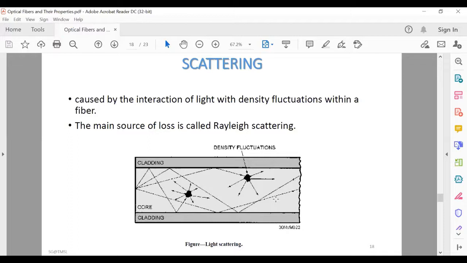This loss is proportional to 1 by lambda to the power 4, the fourth power of wavelength. As the wavelength is increased, loss caused by this scattering also decreases.